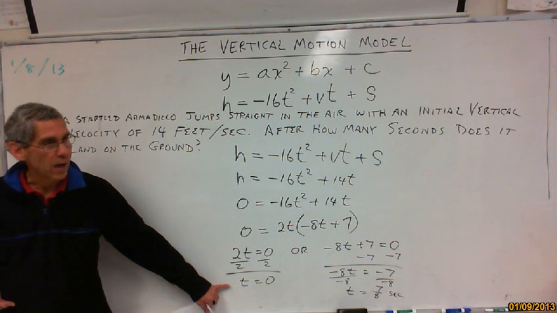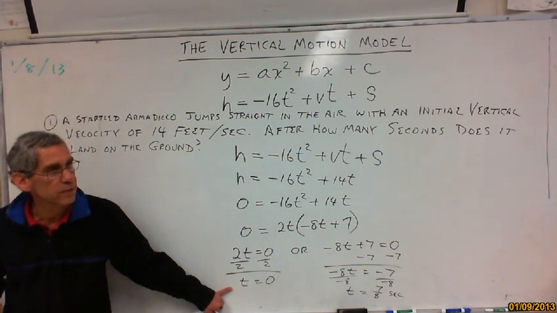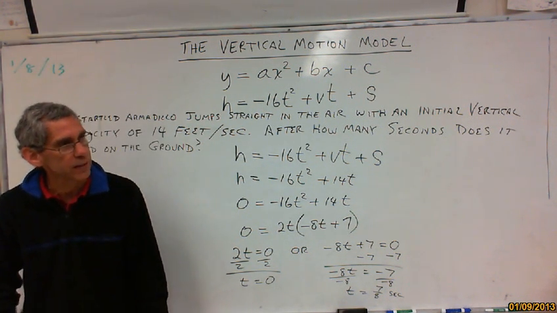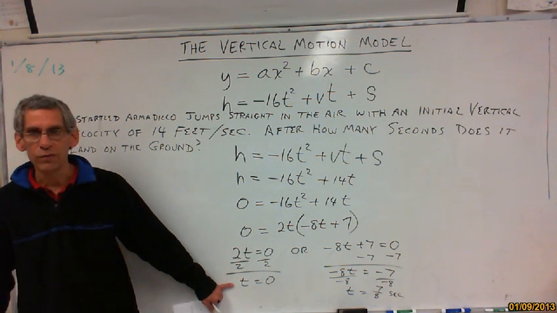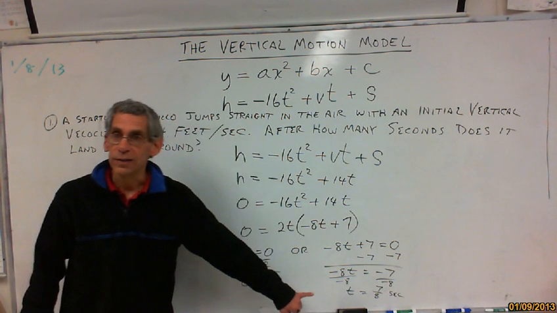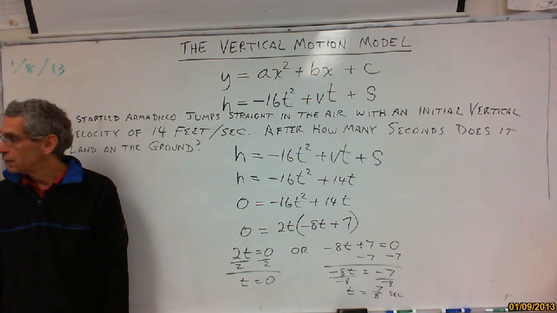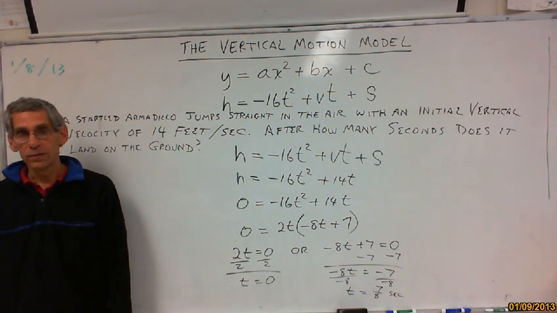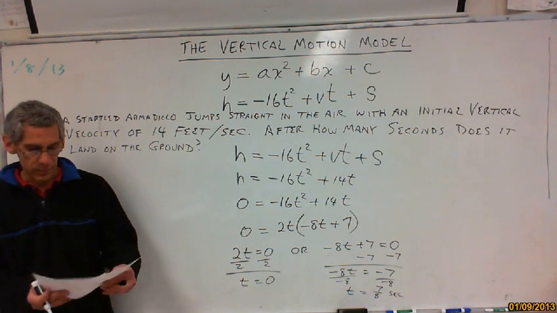It can't possibly be 0 because you already jumped in the air. Time is ticking, the clock is moving. So it can't be 0, it's got to be above 0. So it's going to be 7/8 of a second. Does that make sense? Okay.